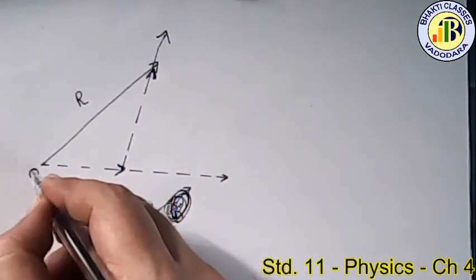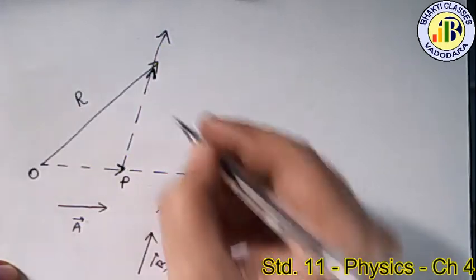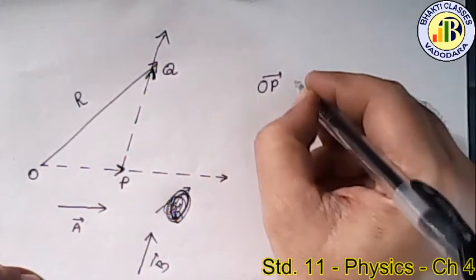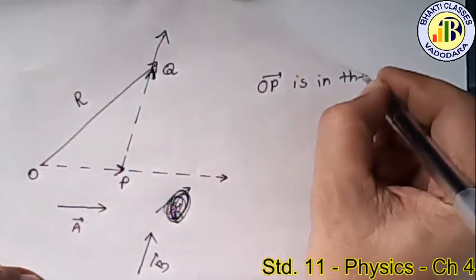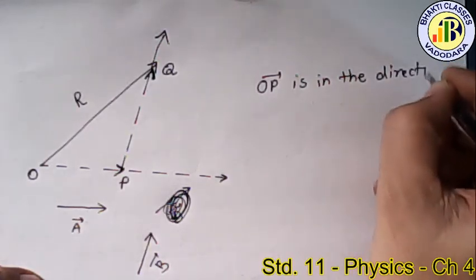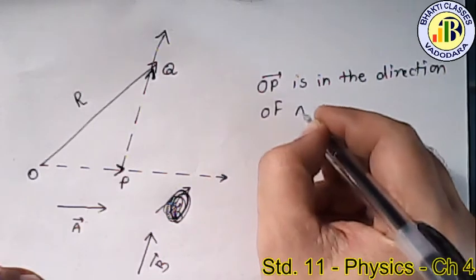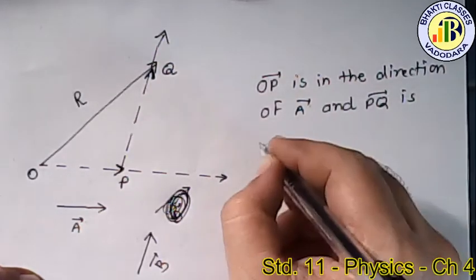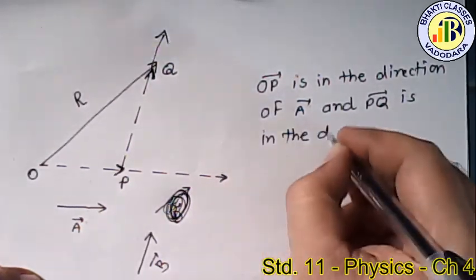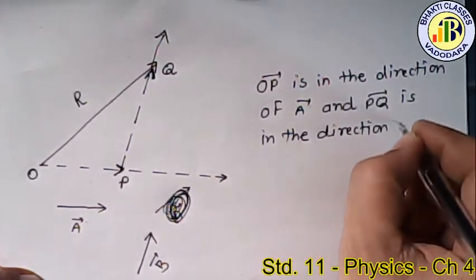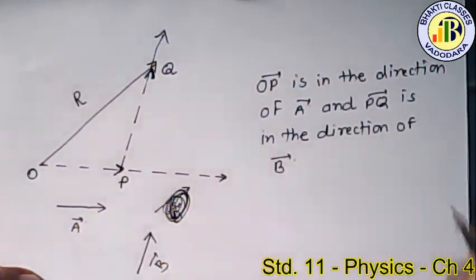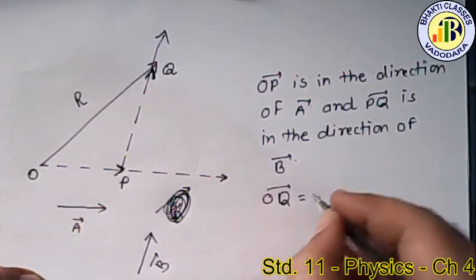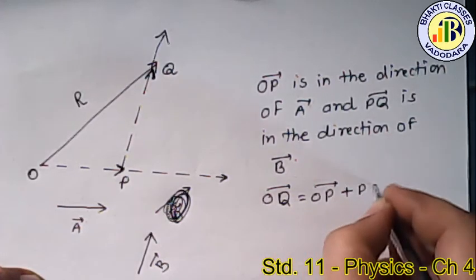See, this is O, this is P, and this is Q. So vector OP is in the direction of vector A, and PQ is in the direction of vector B, and OQ is their resultant, that is OP plus PQ.